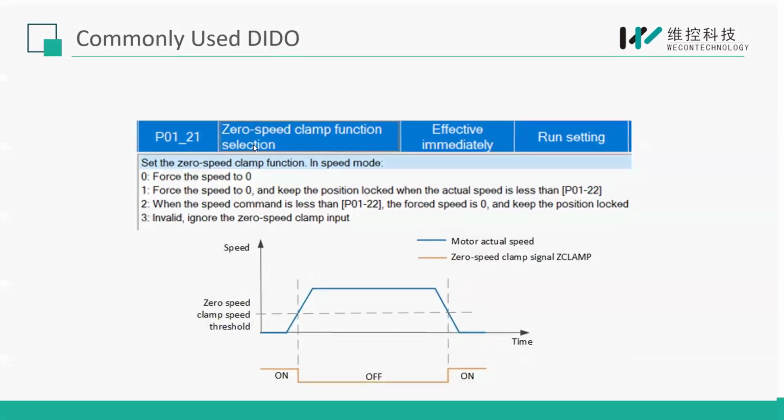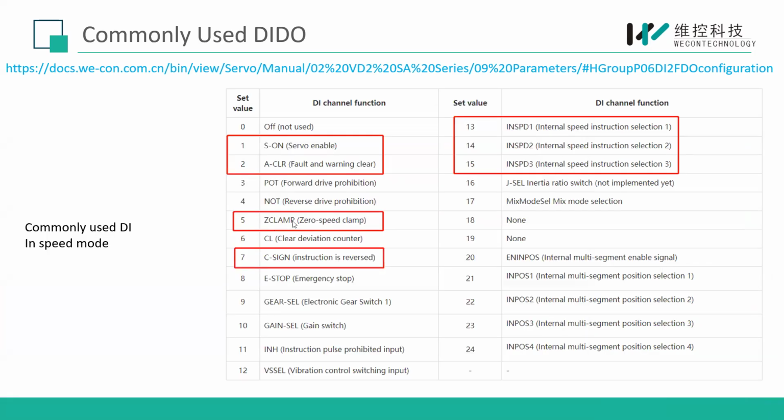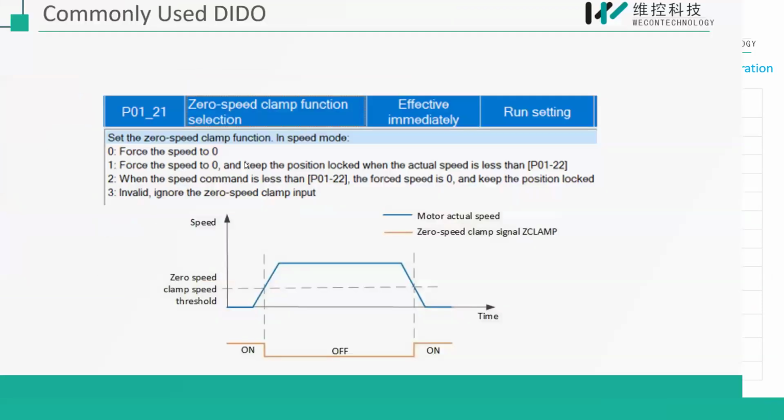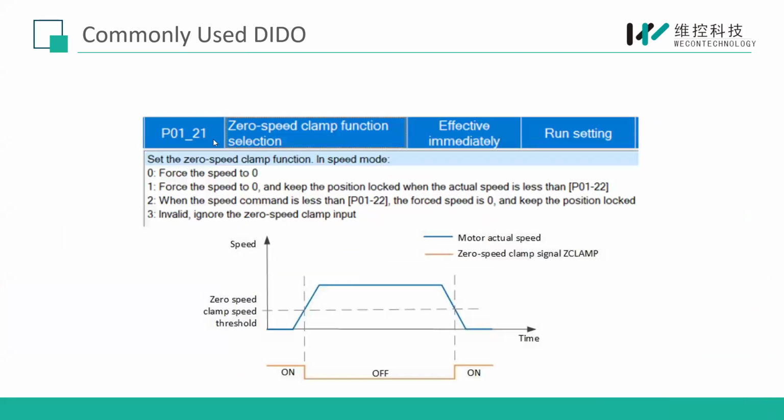And first, this one, zero speed clamp. For this function, there are relative parameters P1-21 and this parameter. How does this parameter work?